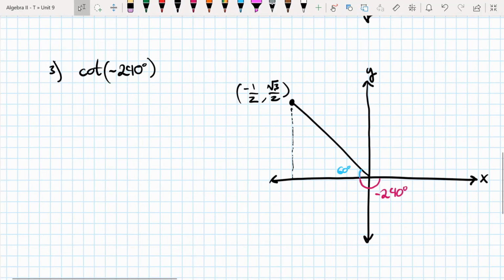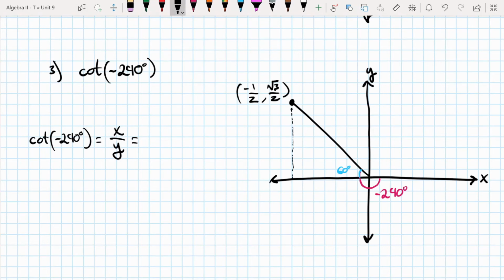And so cotangent of negative 240 degrees is equal to x over y, which is equal to, in this case, negative 1/2 over positive root 3 over 2. The 2's will cancel, and we're left with negative 1 over root 3.